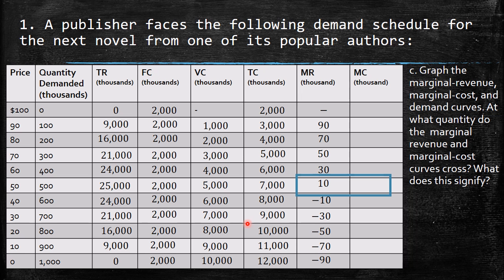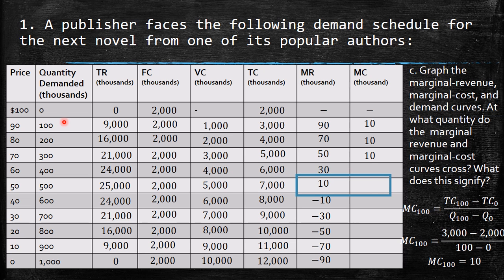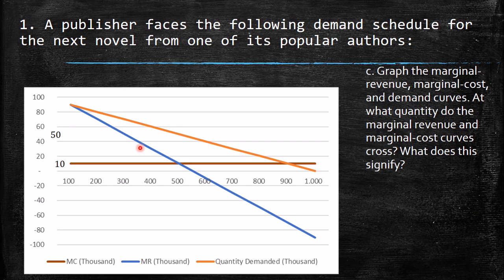So now we go back, okay, to this one. First we need to compute the marginal cost, which is going to be, as I explained to you, the same as in Excel. The change in the total cost, this one minus this one, over this quantity, right? Then we have this one, which is going to be constant marginal cost. Here we have the graph.